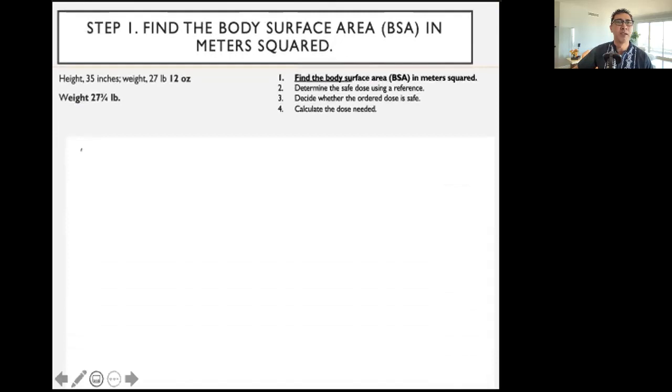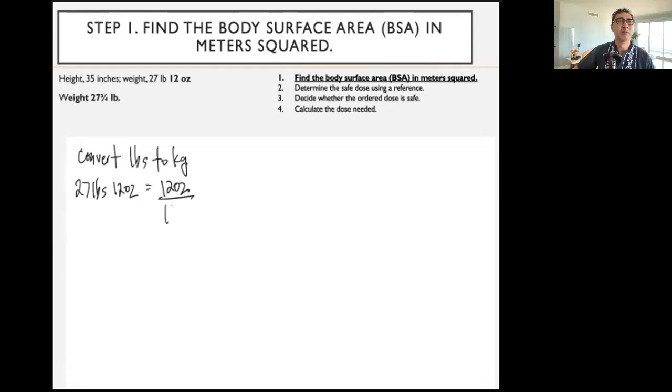Why am I not writing? So my height is 35 inches. Weight is 27 pounds and 12 ounces. Oh, I have to do some conversions on this. Convert pounds to kilograms.